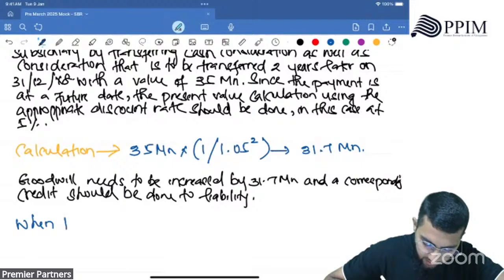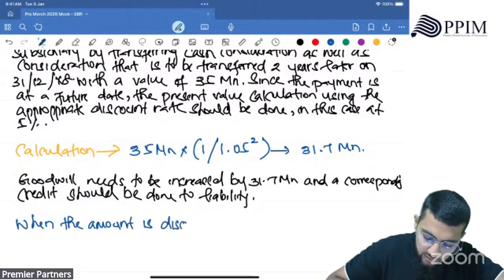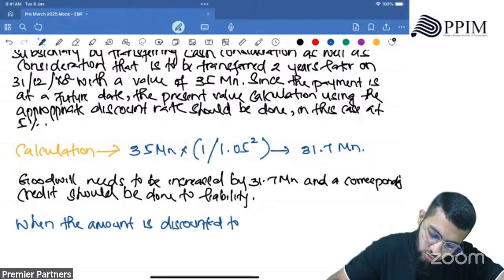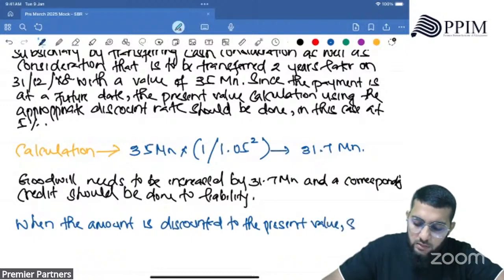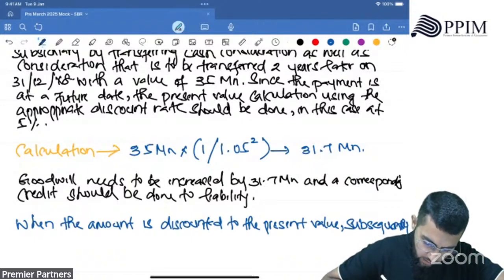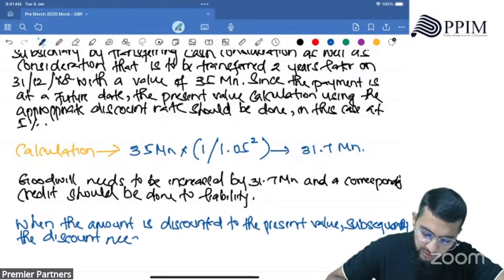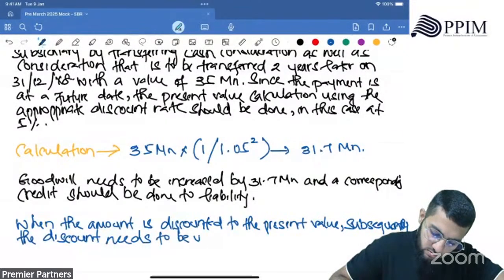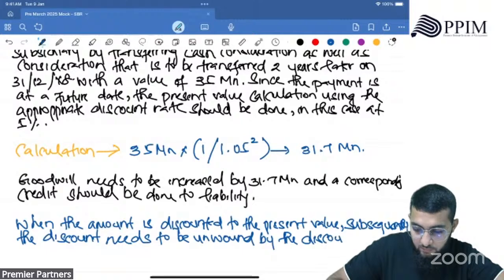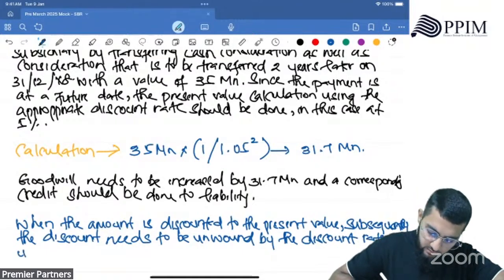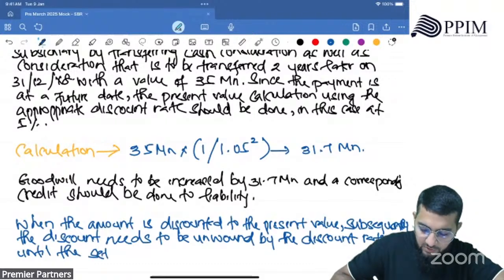When the amount is discounted to the present value, subsequently the discount needs to be unwound by the discount rate until the settlement happens.